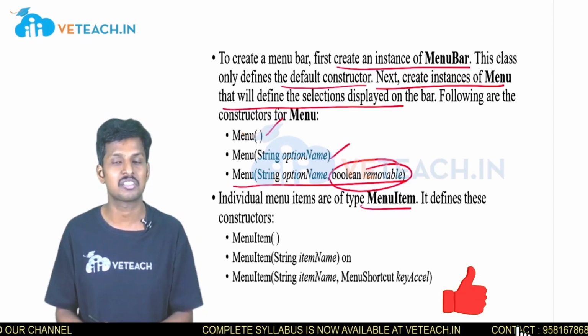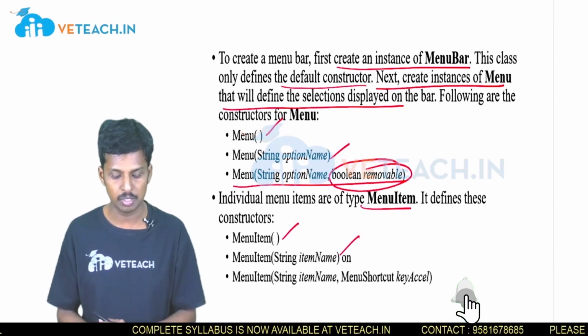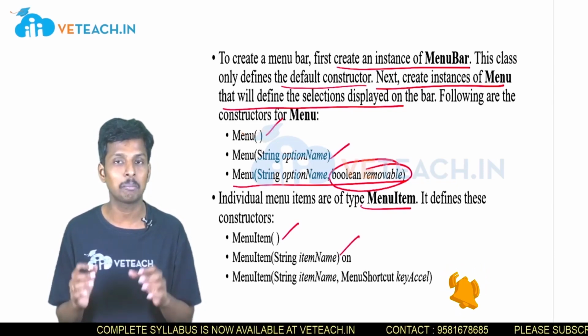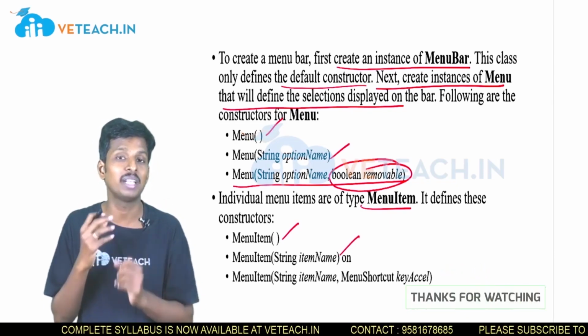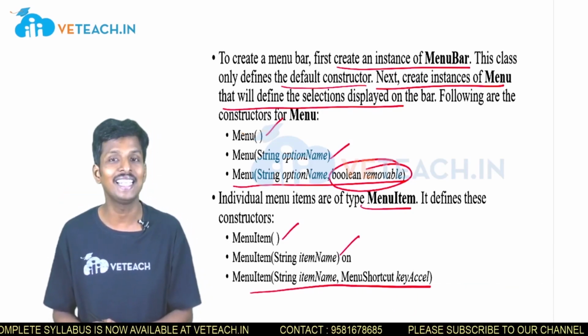The different constructors of MenuItem are MenuItem without any argument, MenuItem of String name, where we can place a string item name for the menu item, and MenuItem of String name, comma, MenuShortcut key accel.